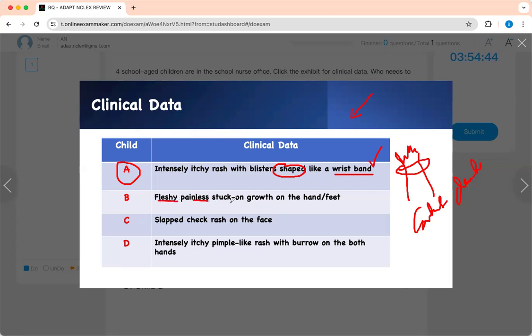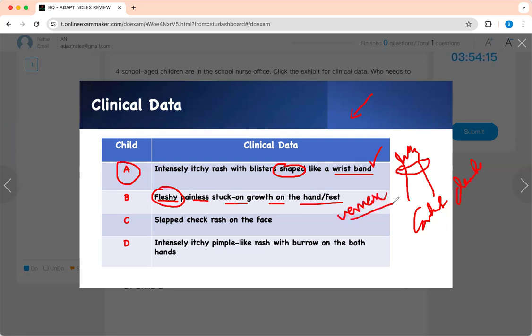Fleshy, painless, stuck-on growth on the hands and feet. I just gave you a bunch of buzzwords as I wrote this question and put it together. These are questions I create. Fleshy, painless, stuck-on growth on the hands and feet. What do you think? The key word is fleshy. What kind of skin lesion do we always say is fleshy looking? I could give you the word, but I don't want to.